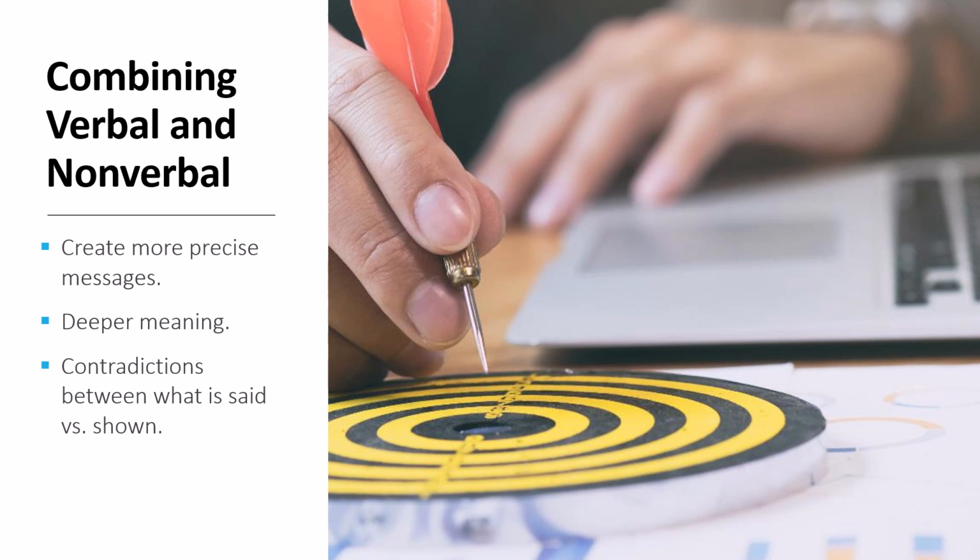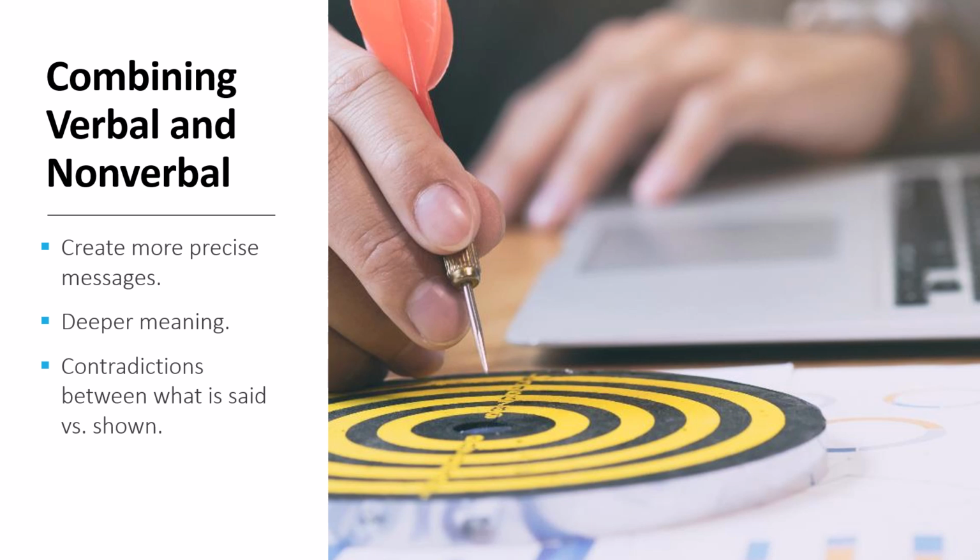In communication, we don't stay in one lane with only verbal communication or only nonverbal communication. They're used together, and this helps us create more precise messages. It helps us give more meaning than we'd be able to give without language or with only language, but together that creates a deeper meaning.